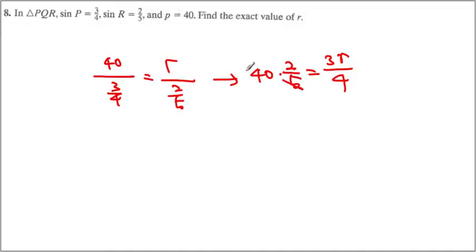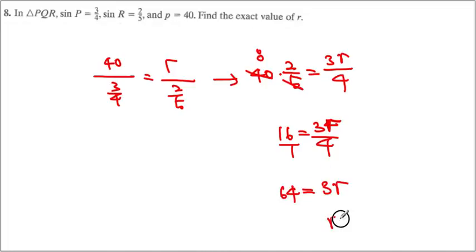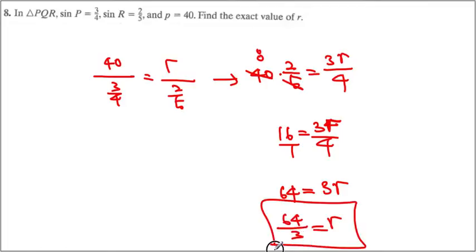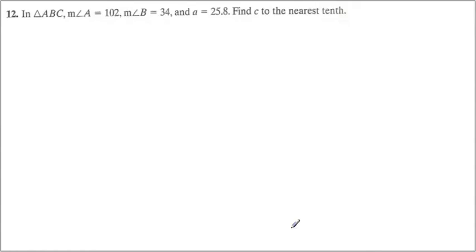Now here becomes 8. 8 times 2 becomes 16. So we have 16 is equal to 3r over 4. Once again, cross multiplication one more time, then we end up getting 64, which is equal to 3r. Therefore, r is equal to 64 over 3. That becomes our final answer.